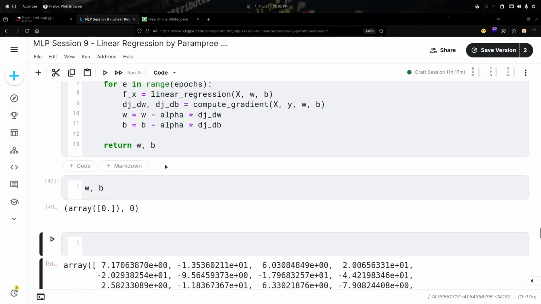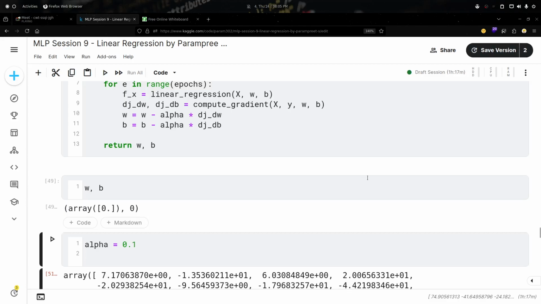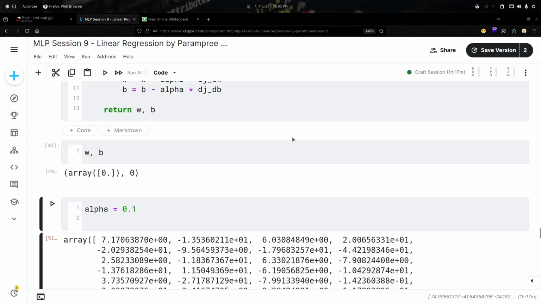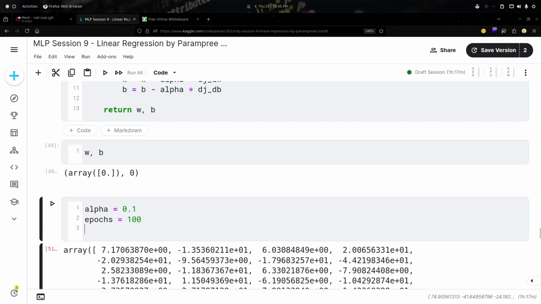Now let's set some more variables. One is alpha. As I said, alpha we set from 0.0001 to 0.1, so I'm just setting 0.1 as of now. Now let's set one more parameter, which is epochs. Let's say we are setting only 10 as of now.